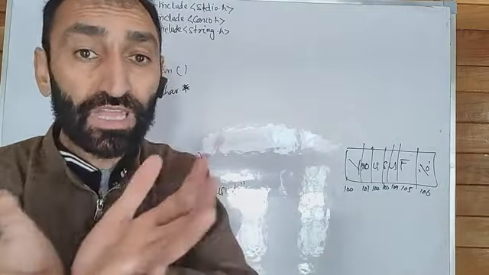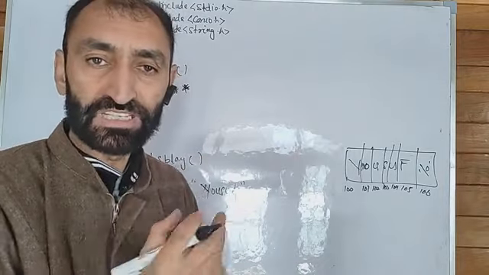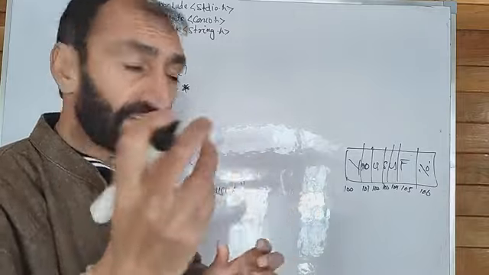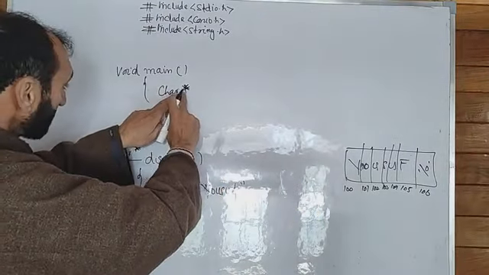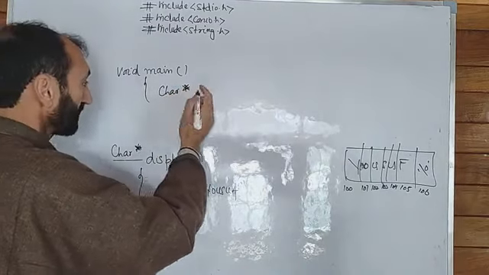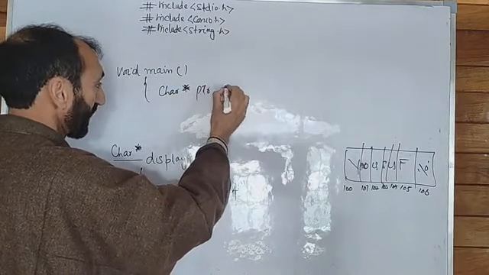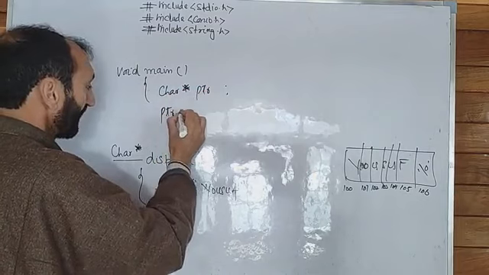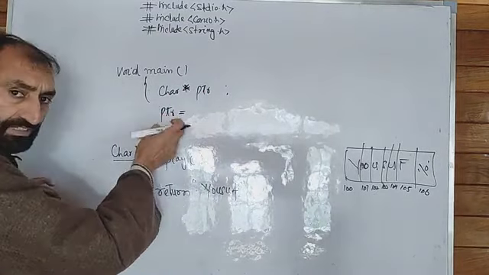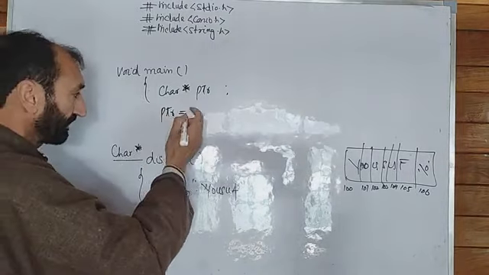We cannot store data in pointers; pointers store addresses. For example, this is a pointer, asterisk PTR. First, I am declaring PTR. Then the 100 that is returned will get stored in PTR.